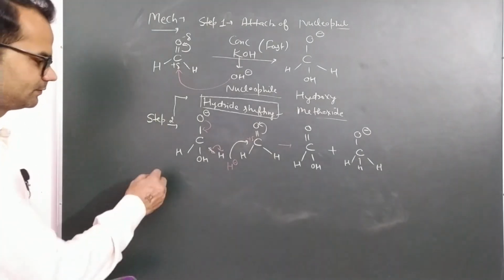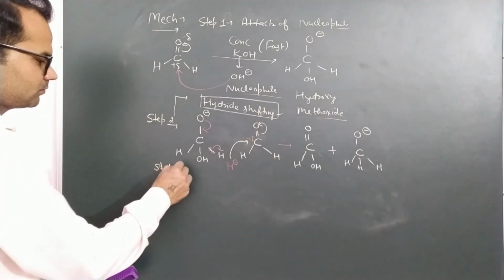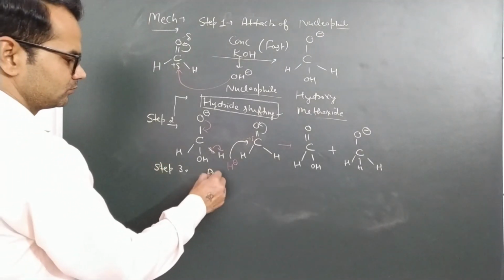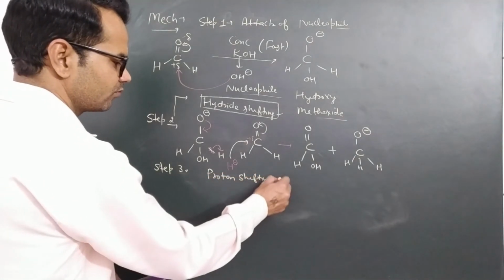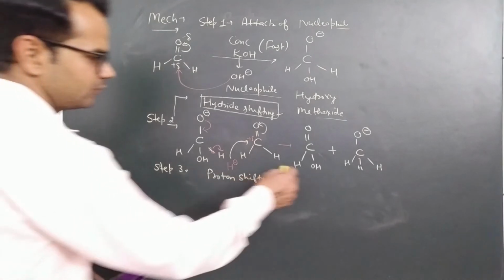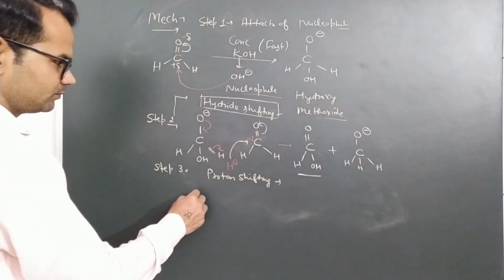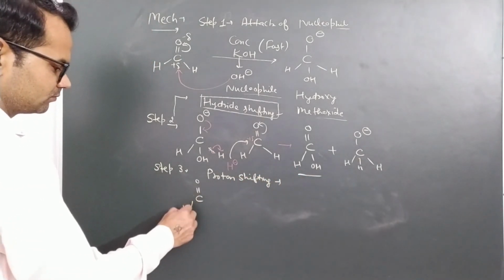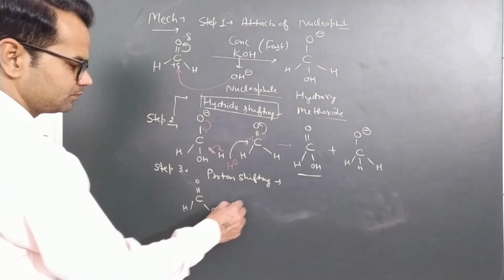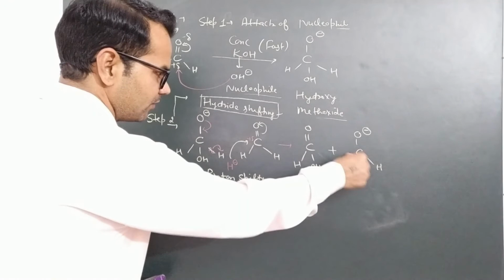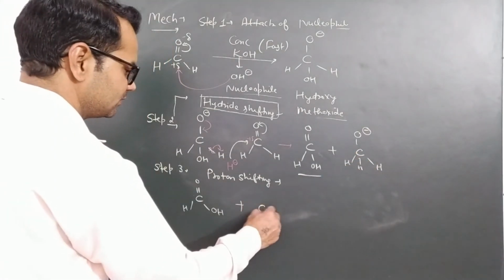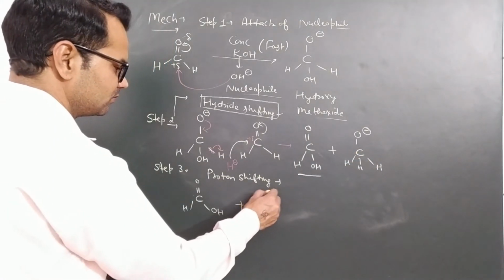Step number 3, proton shifting. Now we have two molecules, HCOOH and CH3O negative.